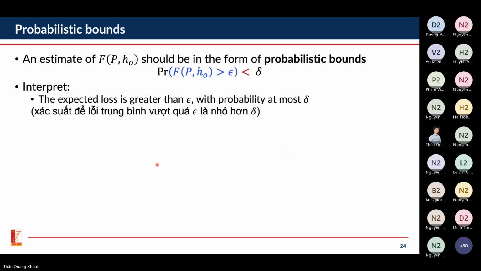So how to estimate the error? Here we want to estimate the expected error, not the error on a training set. If we have a data set, then we will compute the average error on that data set. But here the true quantity is this one, the population error, right?